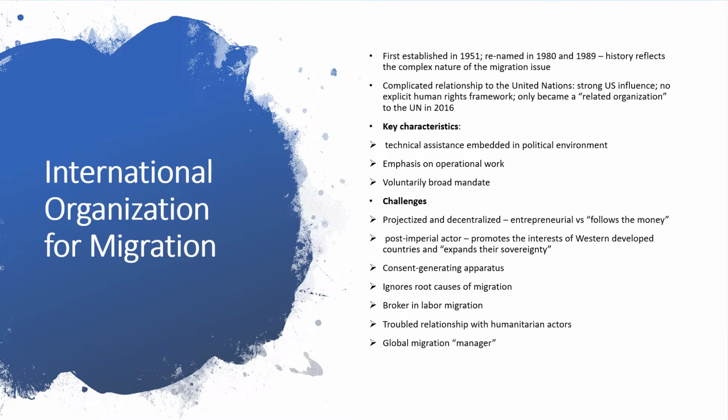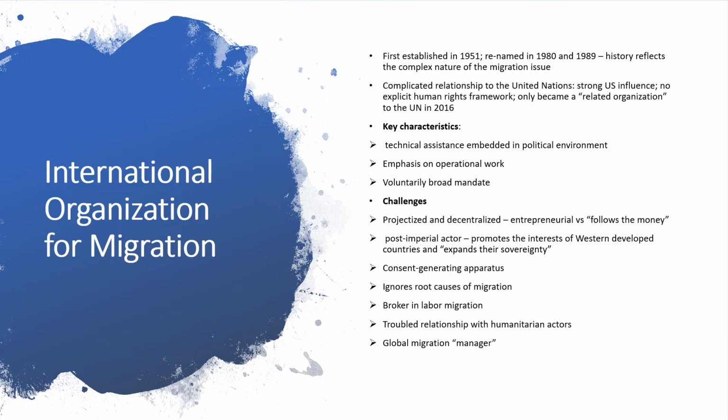It was formed more or less by the United States because the U.S. didn't really trust what the UN High Commissioner for Refugees was doing, and didn't want to necessarily be subject to what a big General Assembly of Nations would decide when it came to migration. So it formed the International Organization for Migration for very specific purposes.